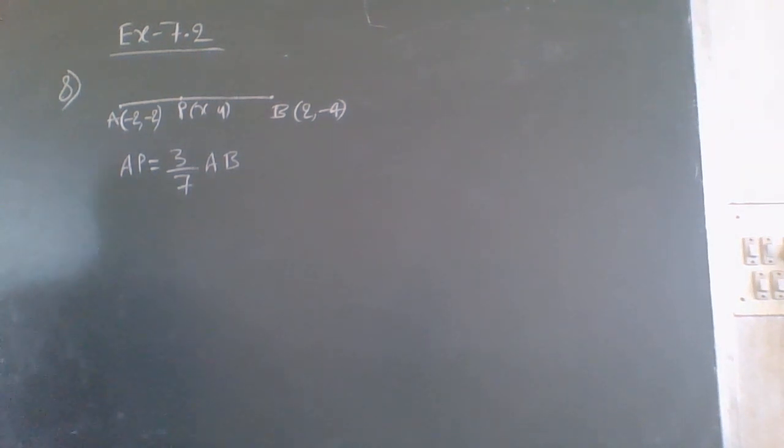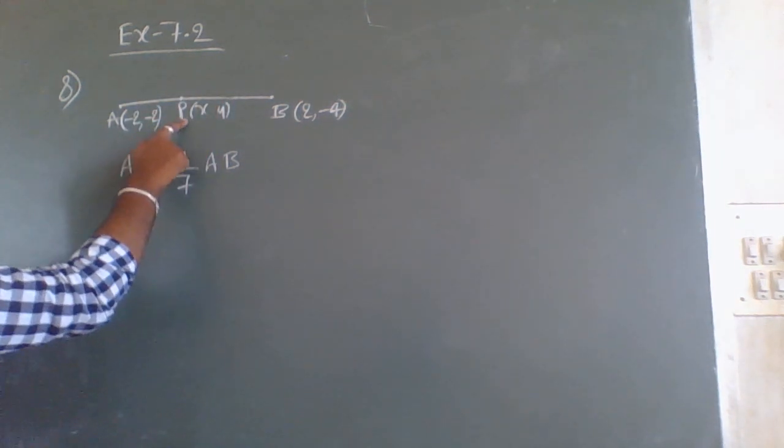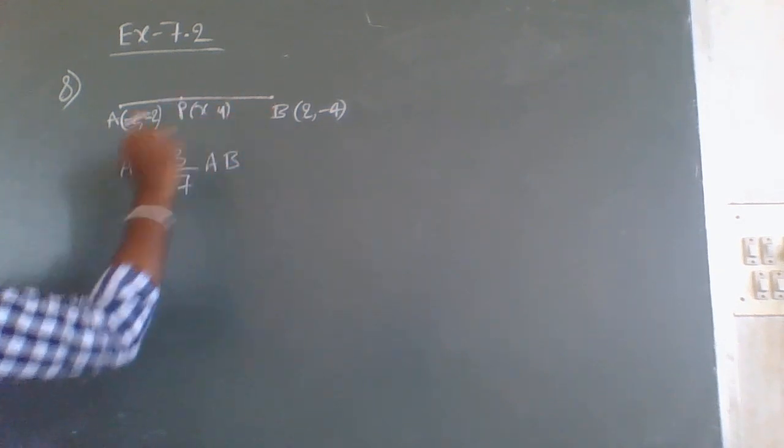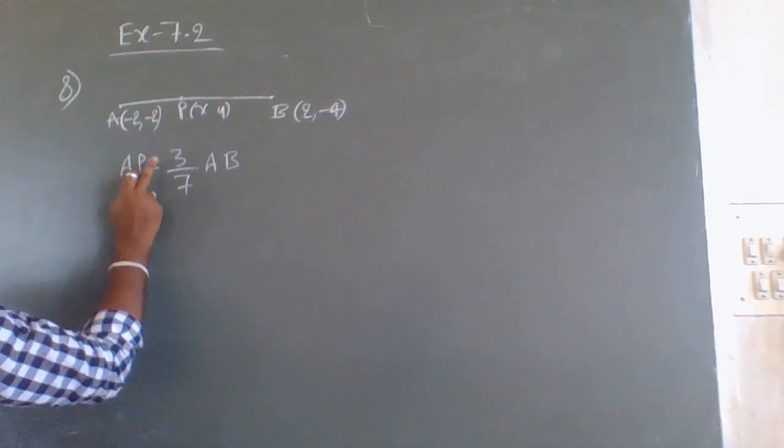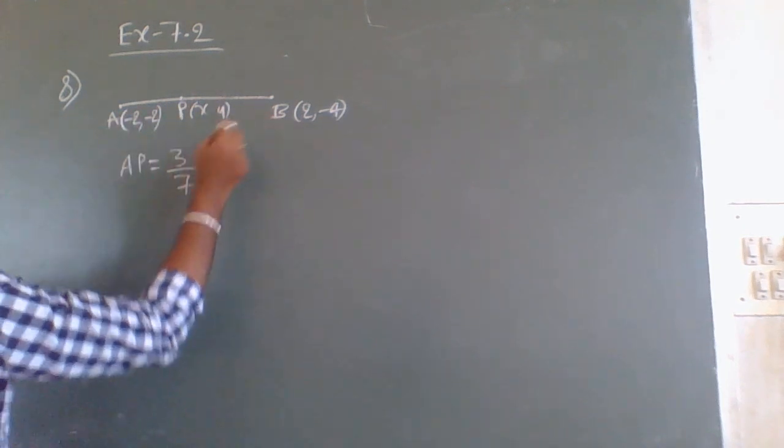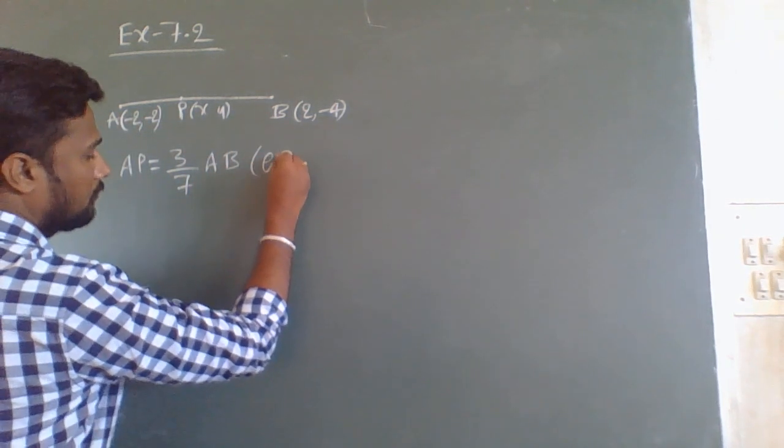So now, first we will find out the m1 and m2 values, means the ratio in which this P divides line segment AB. What they are given here? AP is equal to 3 by 7 AB. This is given.